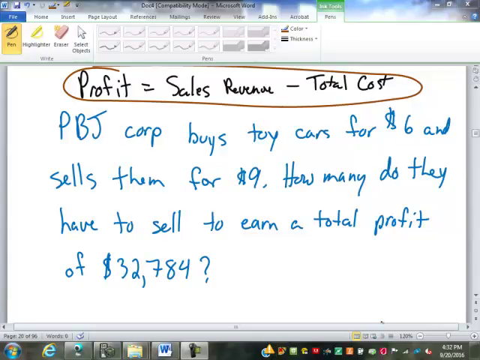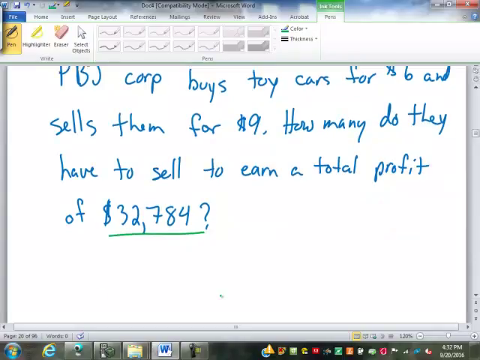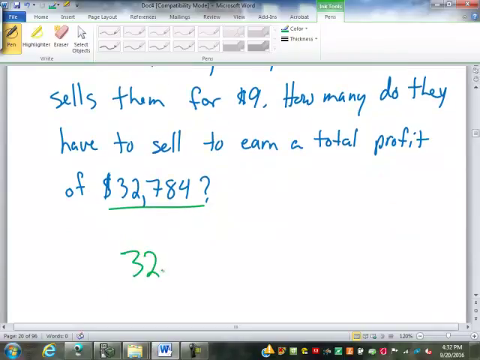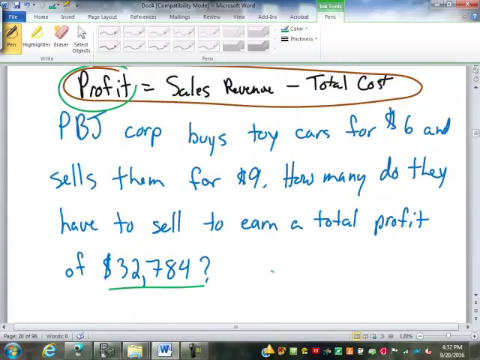Okay, so for this one, the first part's pretty simple. We know the amount of the profit is $32,784. The difficult part of this, and it's not too bad, is how do you express the sales revenue?